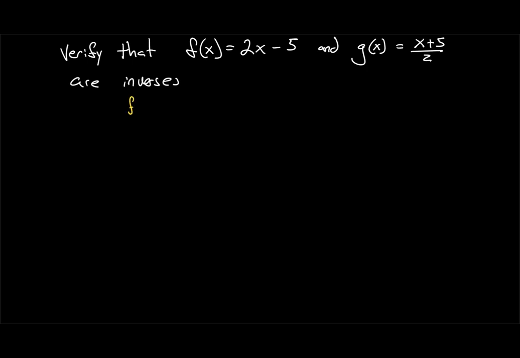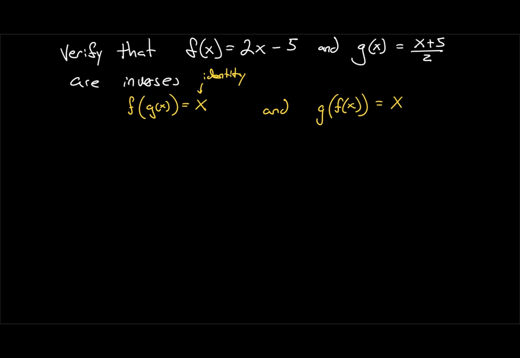Because if you do f of g of x, and they cancel each other out, resulting in just x, which is the identity function, and you also do g of f of x, and it also results in x, the identity function, then the two are inverses.